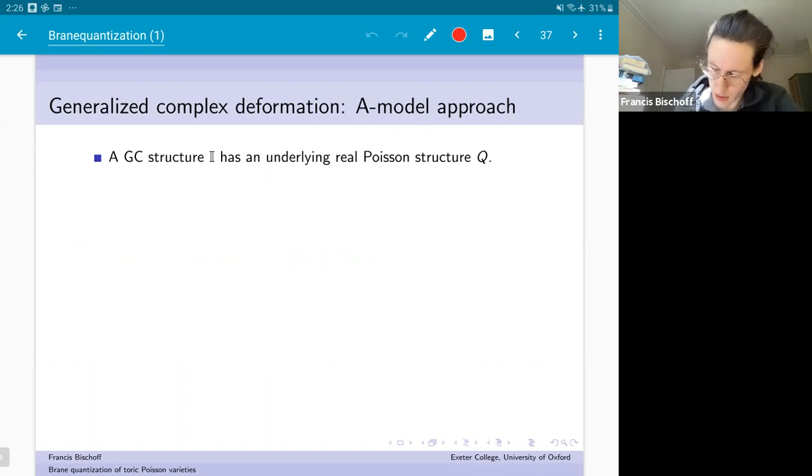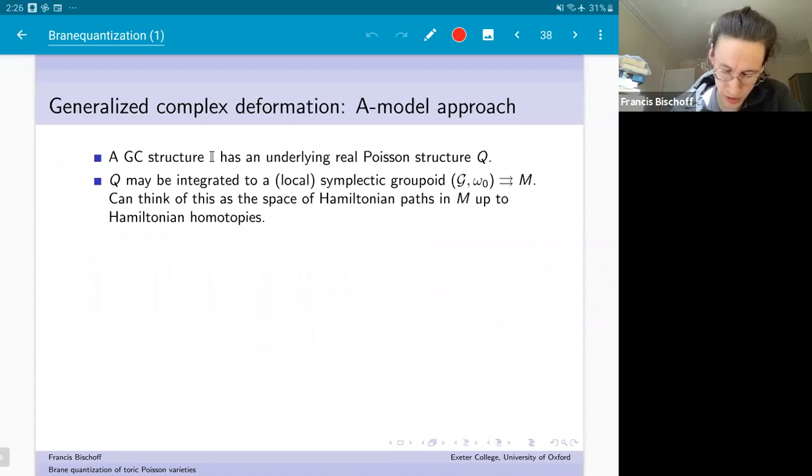So I'm just going to sketch this. First of all, a generalized complex structure always has an underlying real Poisson structure, which I'm calling Q. And this real Poisson structure can always be integrated to a symplectic groupoid, at least a local symplectic groupoid.